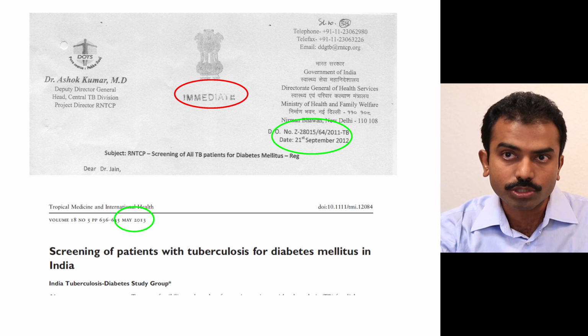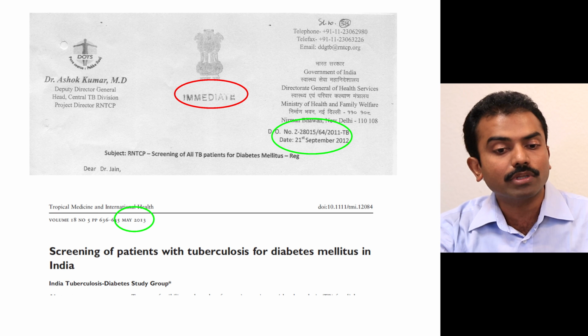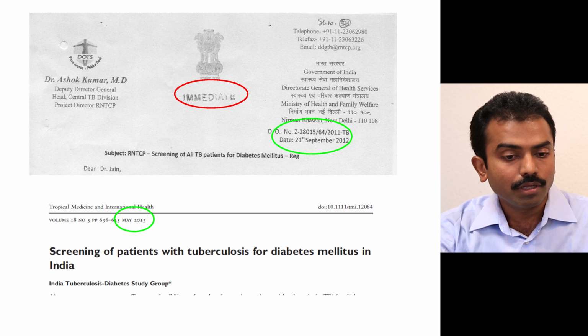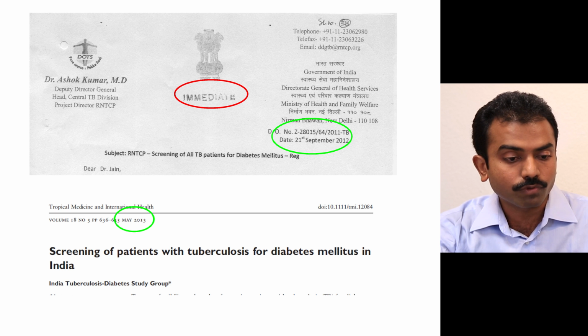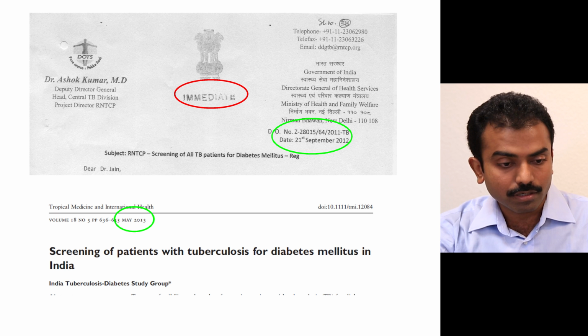So a policy decision was made based on interim results even before the study was completed, which was due for completion by the end of September 2012. And if you look at the publication, we of course wrote this up and published in Tropical Medicine and International Health. It got published much later in May 2013.